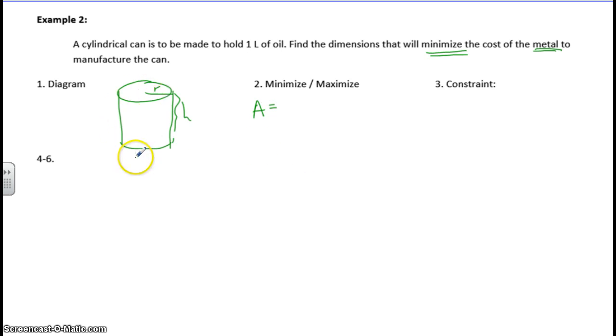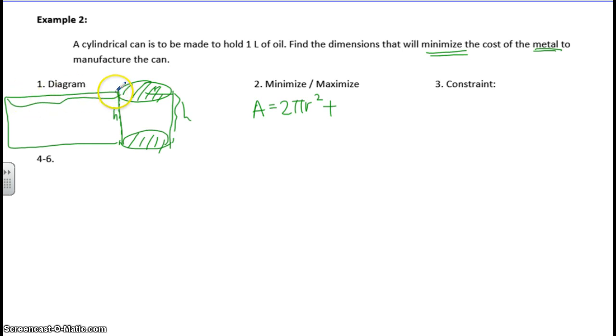And the surface area of a cylinder is going to be the area of the top and the area of the bottom, circles, which is 2 pi r squared, plus the area of that label, which if I were to cut this and open it way up, the height will correspond to the height of the can, and the width of this rectangle is going to correspond to the circumference of the circle, which is 2 pi r. 2 pi r times h will give me the area of this label right here.